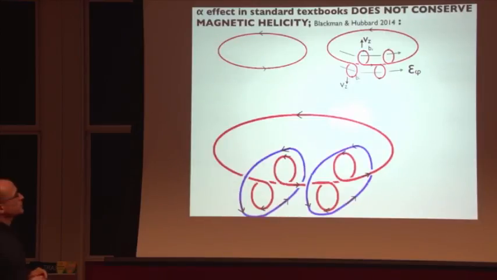The second ingredient is that I've shown these pictures of the dynamo, but in fact they're actually wrong. In fact, all the textbooks are arguably wrong in this respect, because these don't conserve magnetic helicity.